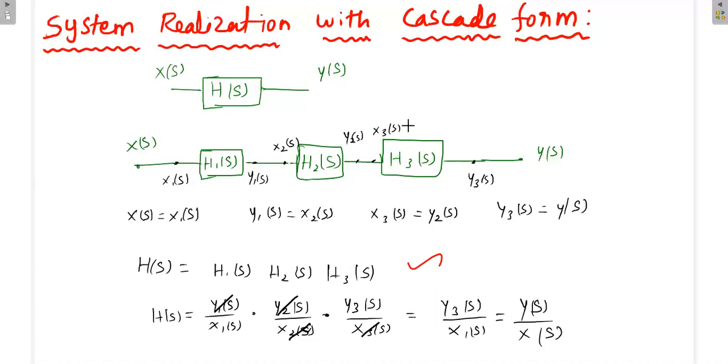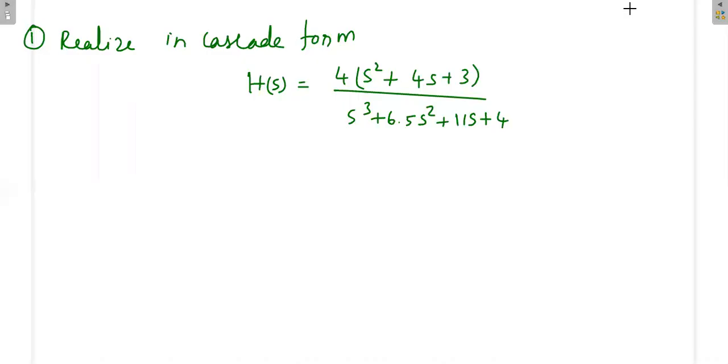Now we'll try to solve one problem based on this. Realize the given H(s) in cascade form. H(s) is equal to, in the numerator, we find the factors 4 into (s plus 1) into (s plus 3).